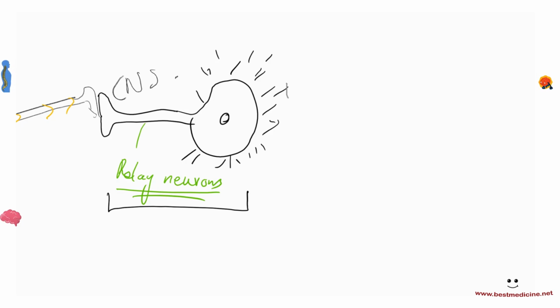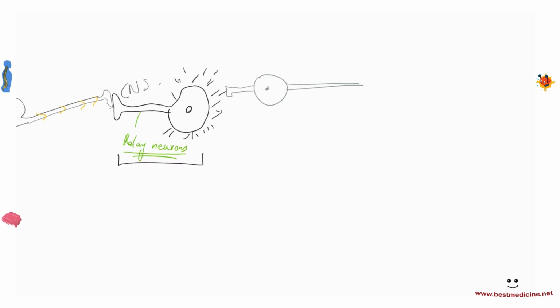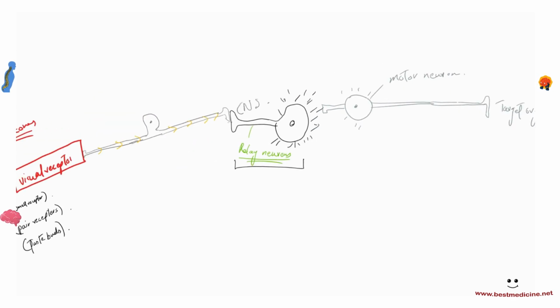So we have another kind of neuron here, okay? And this is going to go ahead and take that information to the target organ, the effector. All right, and this is a motor neuron. Now the motor neuron is, again, part of the PNS.